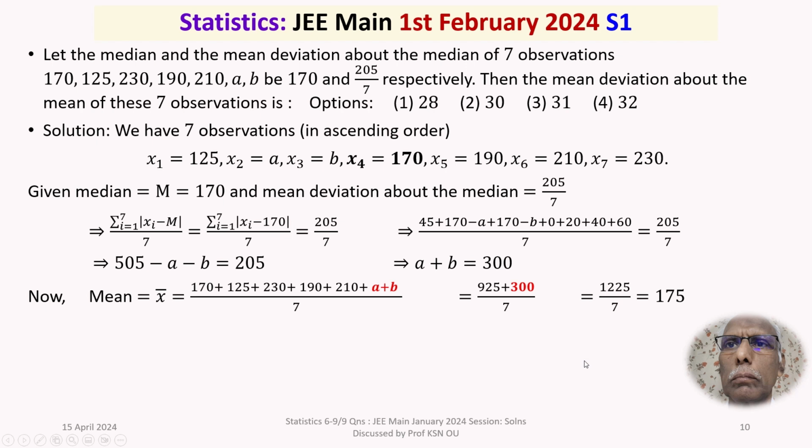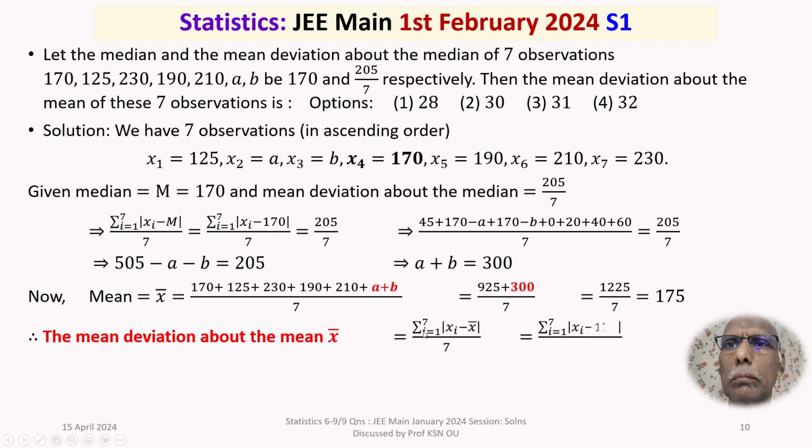Now we want the mean deviation about the mean, that is equal to sigma i equals 1 to 7 |xi minus x bar|, the deviation about the mean, and the mean of these deviations by 7.